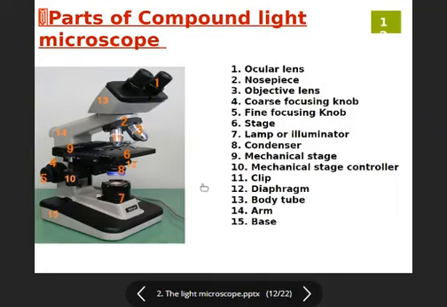So in the exam, they can ask about any number: what is the name, what is the function. You should remember. Now I am telling you all the names and the functions. When you come in the lab, inshallah, I will show you the same things again, and I will tell you the functions again. Okay.